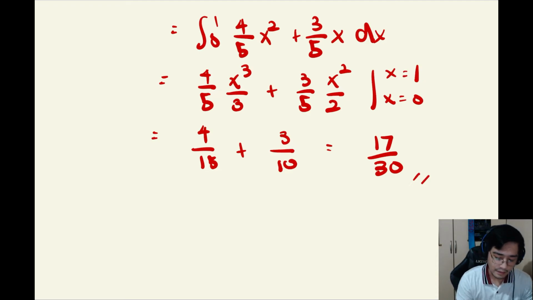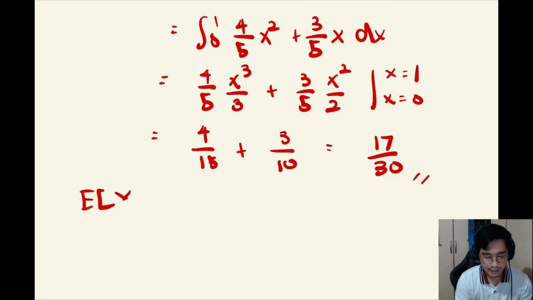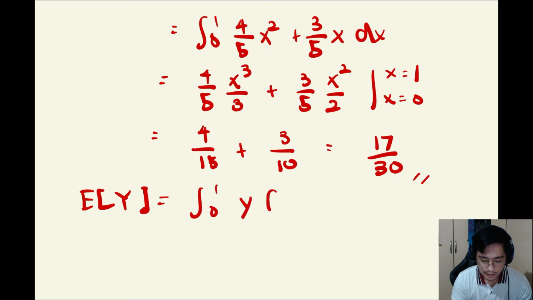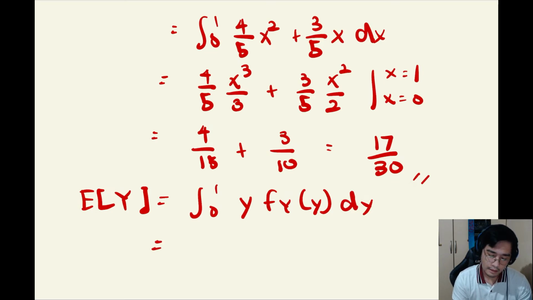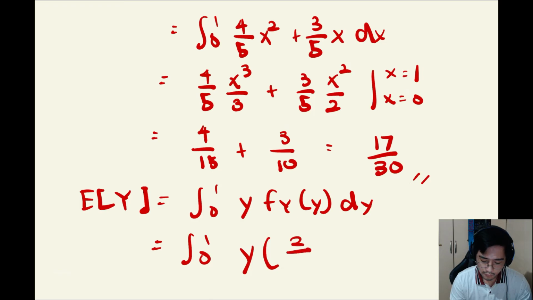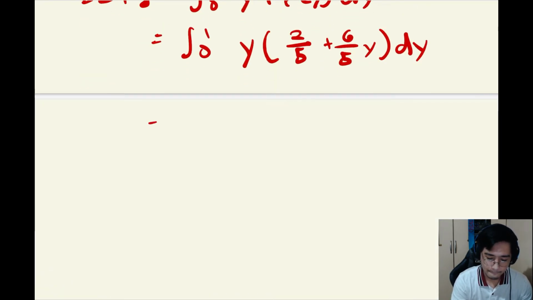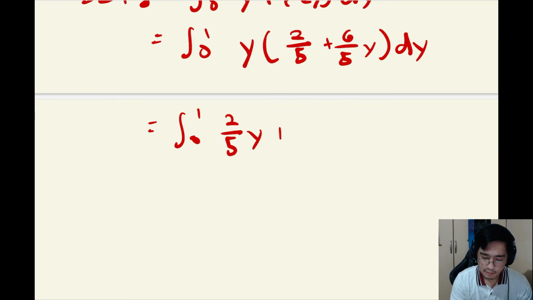Conversely, the expectation of y is the integral from 0 to 1 of y times the marginal PDF of y, integrated over y. So this is the integral from 0 to 1 of y times (2/5 + 6/5 y), which is 2/5 y + 6/5 y squared.